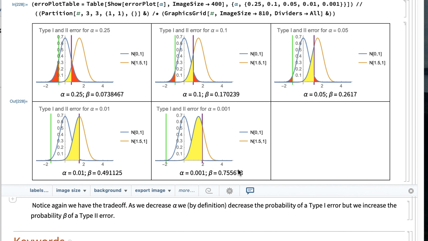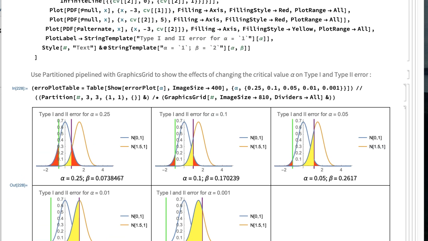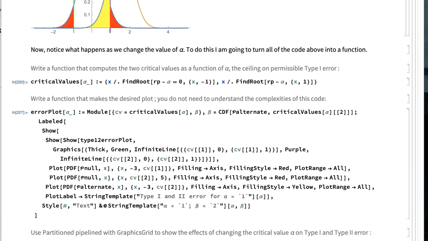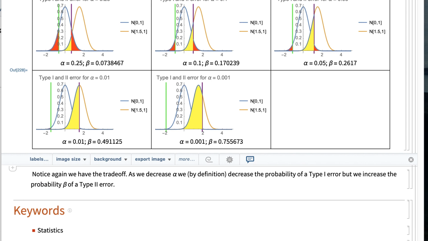In fact, it's greater than 50%. It's greater than 75%. So when you're doing hypothesis testing, this is the trade-off you make between type 1 error and type 2 errors, and whatever level of alpha you set is going to determine how that trade-off works.